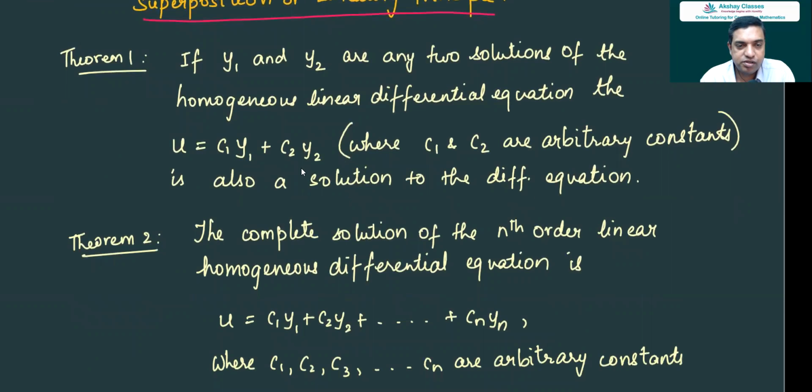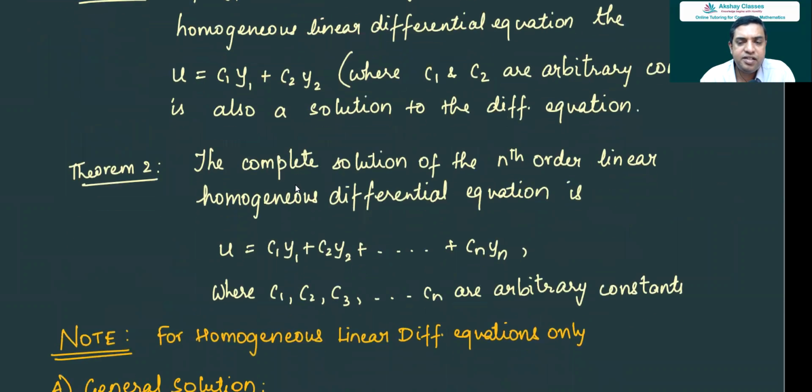So a complete solution of the nth order homogeneous differential equation will have n functions, y1, y2, up to yn, and it will be a linear combination of these functions: c1y1 plus c2y2, and so on up to cnyn, where c1, c2, c3, and cn are arbitrary constants.